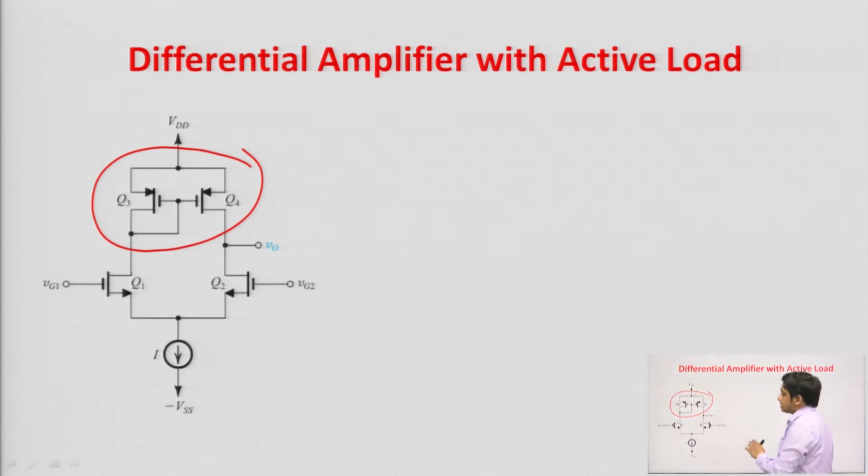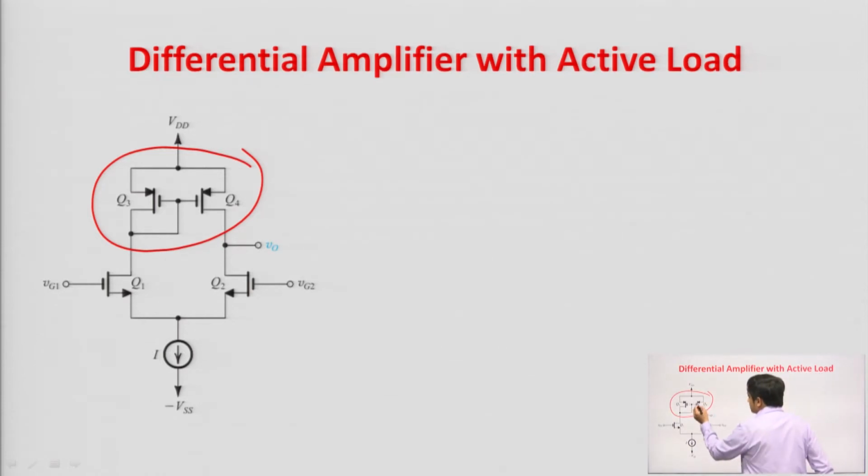If you compare this circuit to the previous circuit that you studied in the last class, just those two resistors RD are replaced with this current mirror, and of course, this current mirror is made up of transistors. That is why we are saying it is a differential amplifier with active load. I have discussed this current mirror in lecture 20 and lecture 21, you can refer to those lectures.